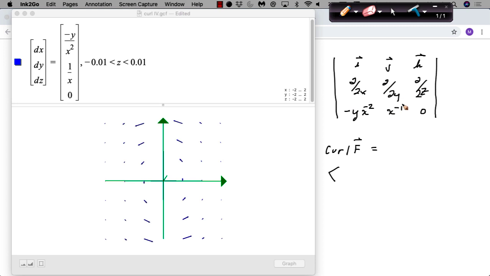What's that? 0, right? Partial of 0 with respect to y is 0. Going this way, partial of x to the minus 1 with respect to z is 0. There's no z's in it. Next one, j. Partial of that with respect to z is 0. Going this way, partial of 0 with respect to x is 0.